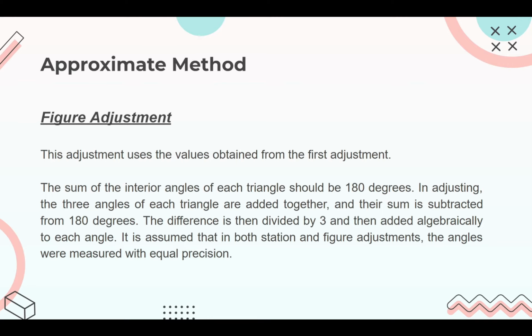In adjusting, the three angles of each triangle are added together, and their sum is subtracted from 180 degrees. The difference is then divided by 3 and then added algebraically to each angle. It is assumed that in both station and figure adjustments, the angles were measured with equal precision.